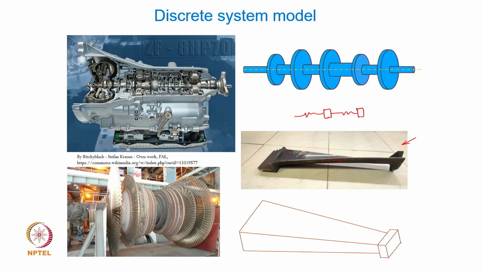The cross section of such blades typically keeps changing from the base towards the tip, and in some of the blades you will have a shroud which can be modeled like a mass at the tip. The cross section dimensions keep on changing along the length of such blades. So, all the properties which define the stiffness in the vibratory system are going to continuously change.